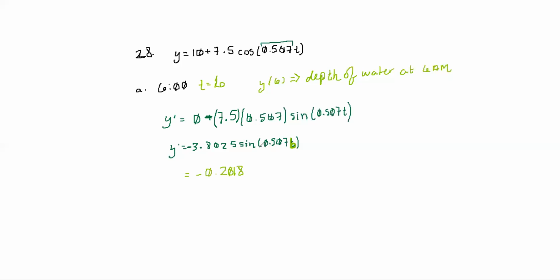So I know, number one, important information, the tide is falling. And I know that it's falling at a rate of 0.2018 meters per hour. Cool. Application. Any questions about that?